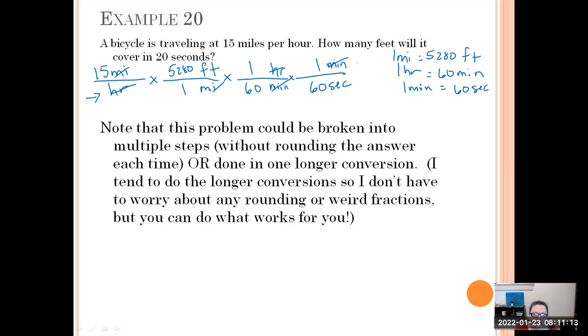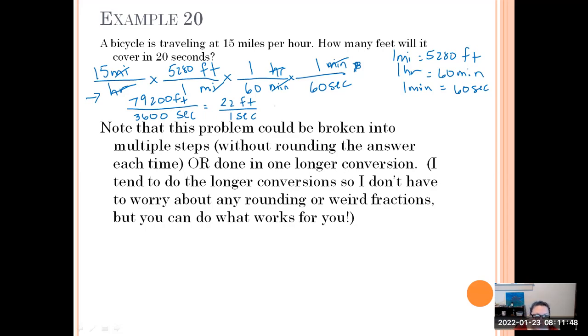So that's 79,200 feet divided by 1 times 1 times 60 times 60, which is 3,600, and this is seconds. Now we divide, and we get 22. So there's 22 feet per 1 second. But the question is, how many feet will it cover in 20 seconds?